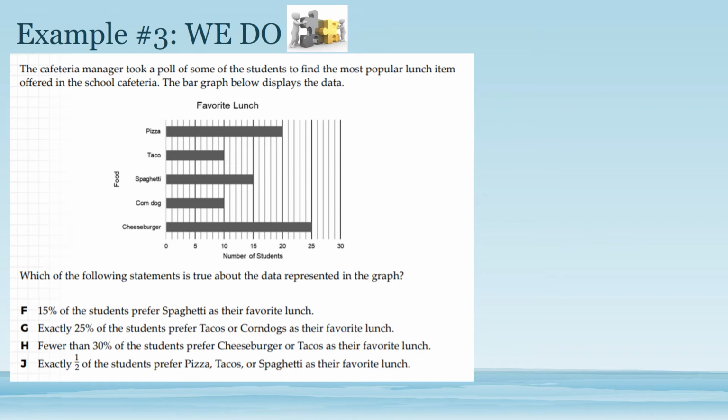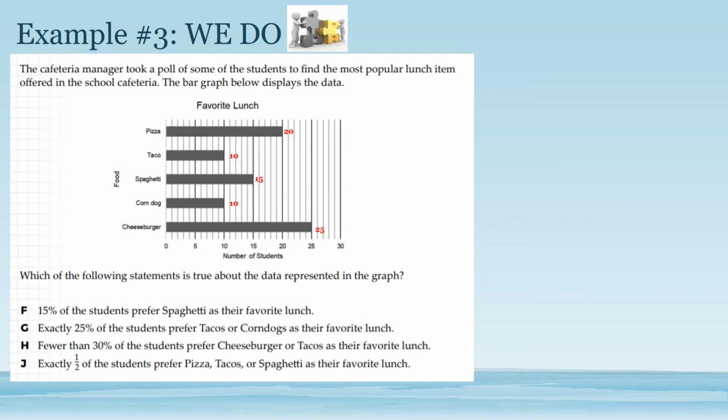How many students chose pizza? 20. How many students chose tacos? 10. How many students chose spaghetti? 15. How many students chose corn dog? 10. How many students chose cheeseburger? 25.